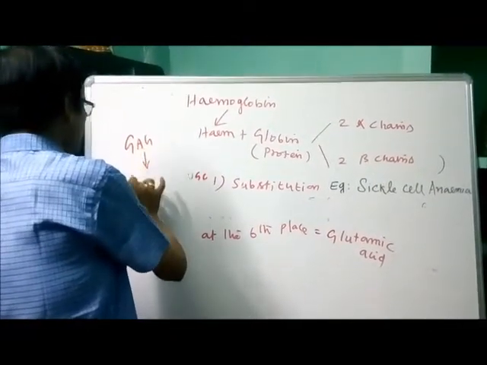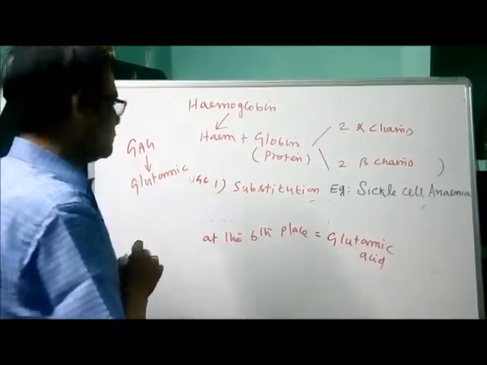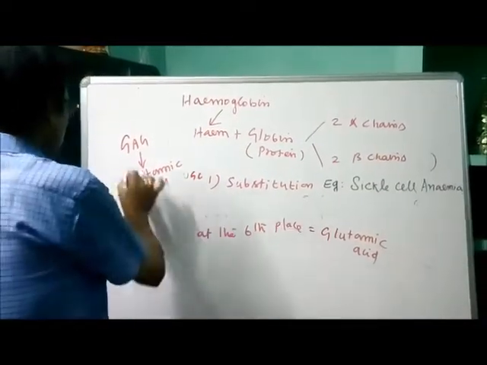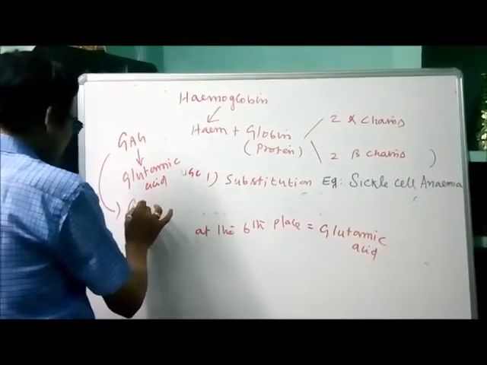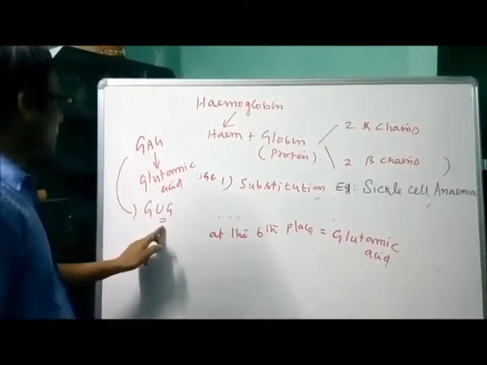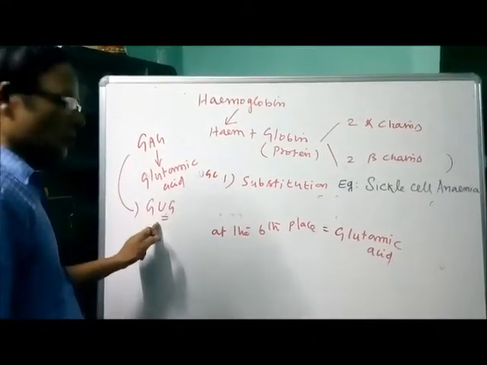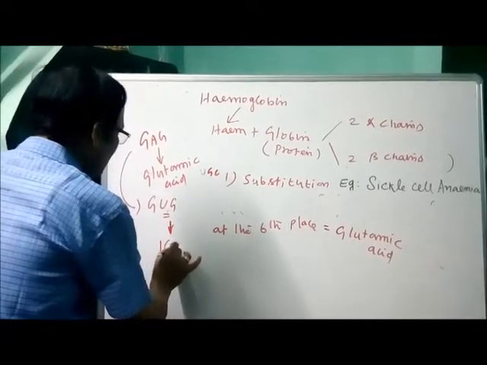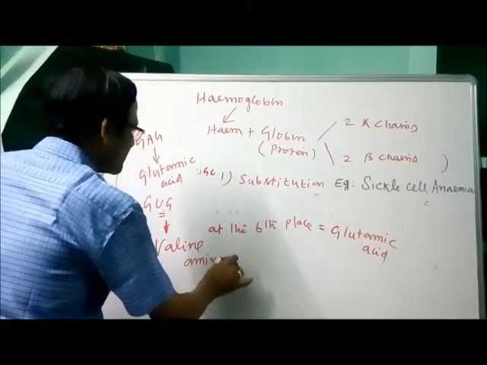This is the genetic code for glutamic acid. But when this GAG has been substituted, for example, A has been substituted by U, what will happen? The change in the genetic code occurs. This code is normally meant for the valine amino acid.